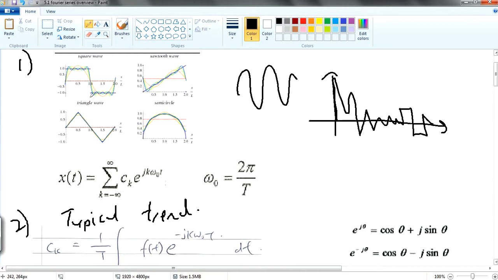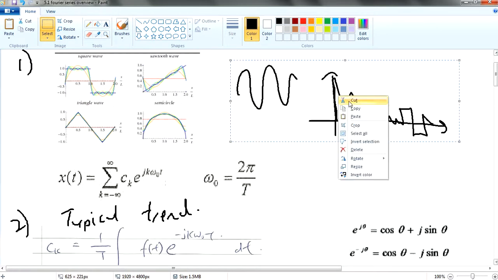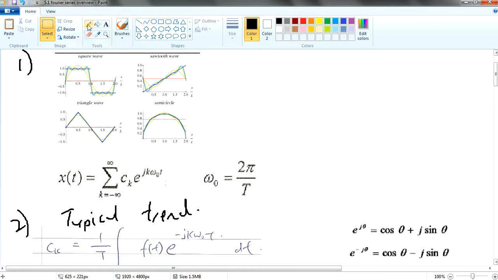So let's say you have a square wave now. You represent it in terms of this sine wave, or also this combination of other sine waves. So you add up together, you can actually form the shape of a square. Alternatively, you also can form the shape of a sawtooth wave, or triangle wave, or semicircle wave.